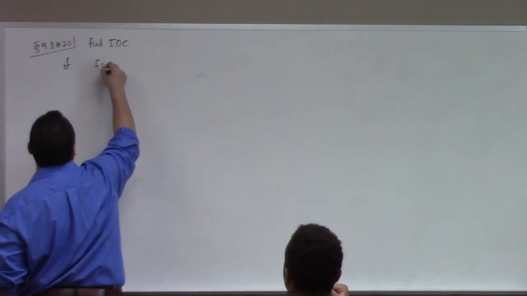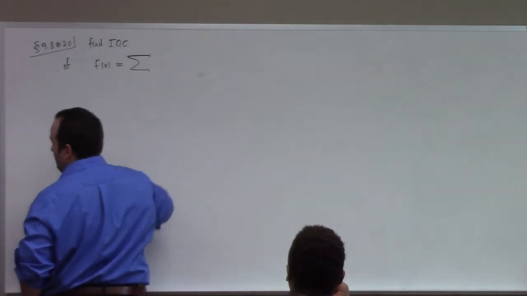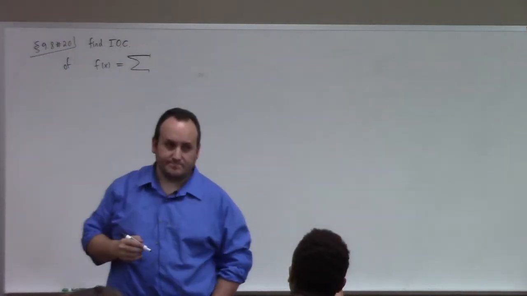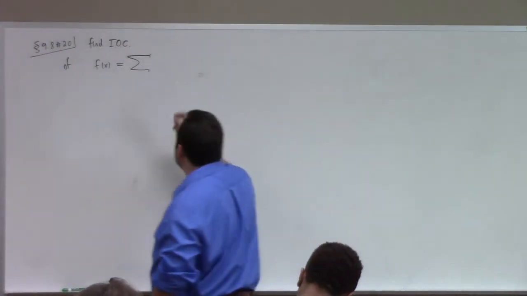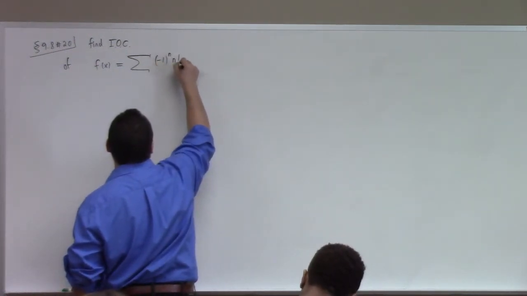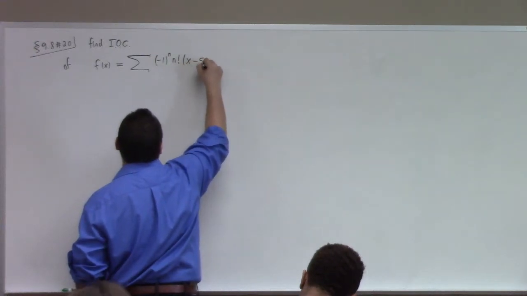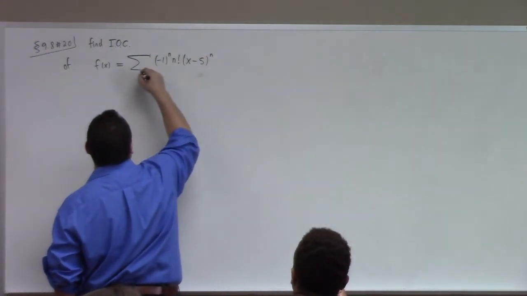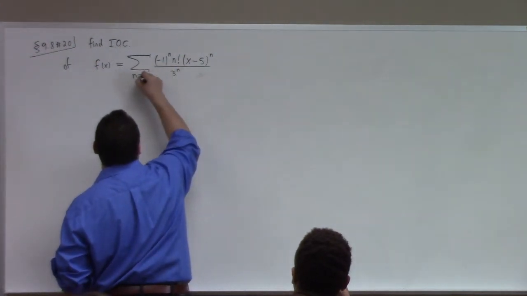The sum of what series are we talking about here? Negative 1 to the n times n factorial times x minus 5 to the n, over 3 to the n, where n equals 0 to infinity.